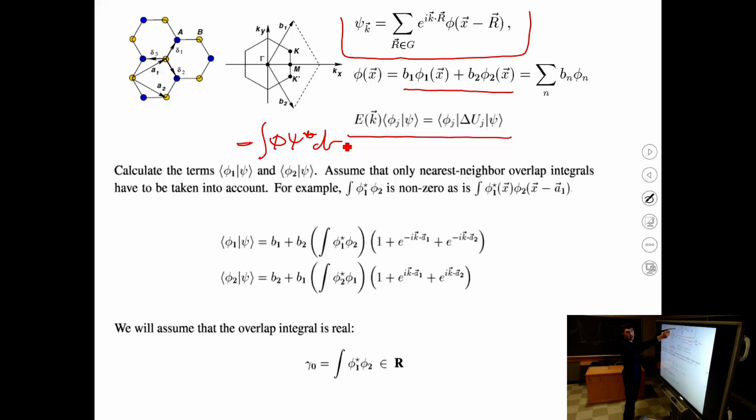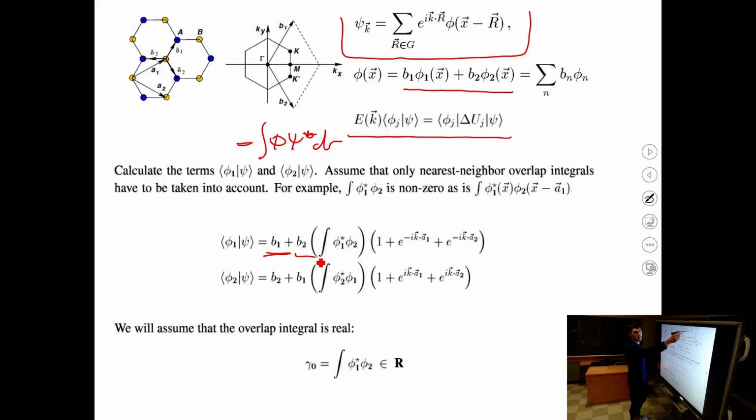Therefore, if you take psi with phi, the matrix element of that, you're going to get from phi 1 just B1 here. So phi 1 and psi going to give you B1. And from phi 2 here, you're going to have B2 times the integral of phi 1 and phi 2. Right?